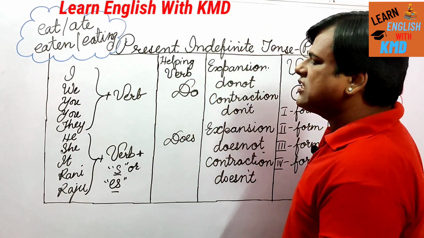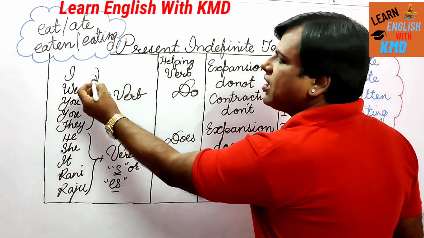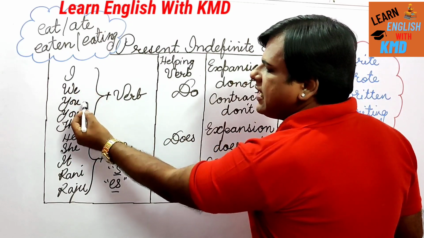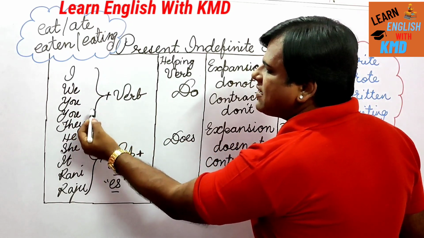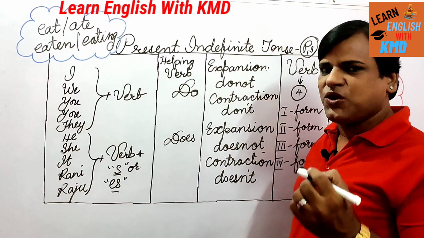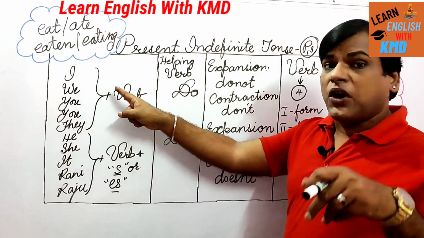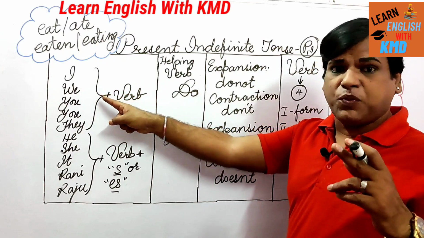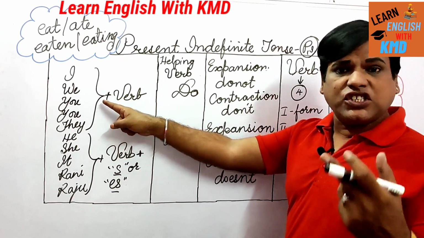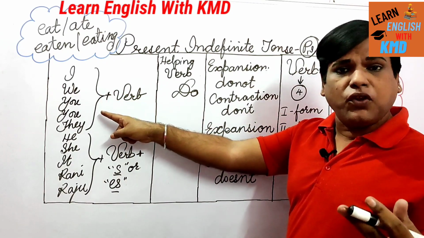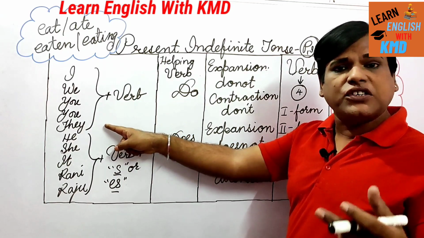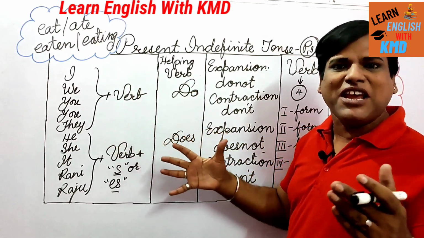As far as do is concerned, do goes with I, we, you, and they. Do goes with first person singular and first person plural, second person singular and second person plural, and third person plural.